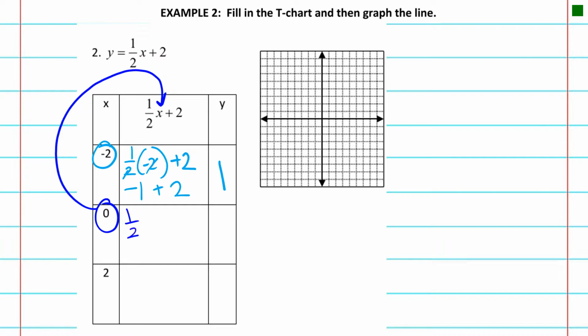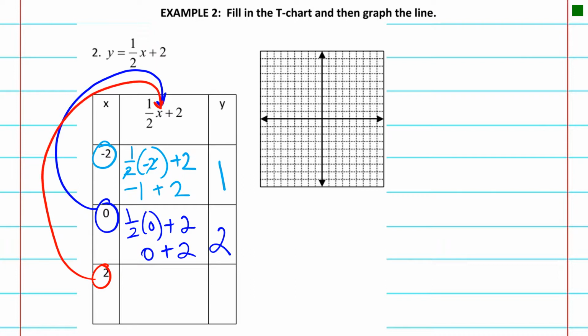So I have 1/2 times 0 plus 2. Well, that's 0 plus 2, which is just 2. And then finally I'm going to plug in the 2 for that x. So I have 1/2 times 2 plus 2. Well, this 2 and this 2 cancel, so I get 1 plus 2, which is 3.